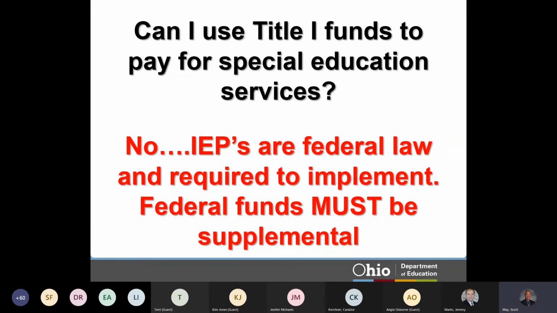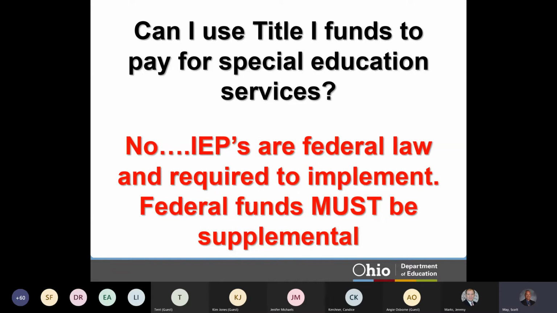So the answer is no. IEPs are federal law and required to implement. Federal funds must be supplemental to that core instruction. And so this would not be allowable to use for special education services.